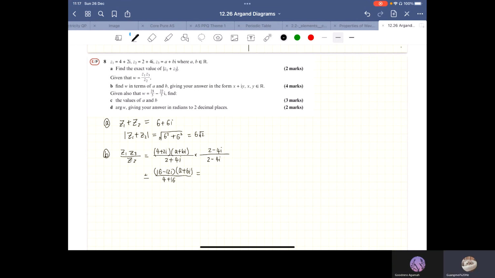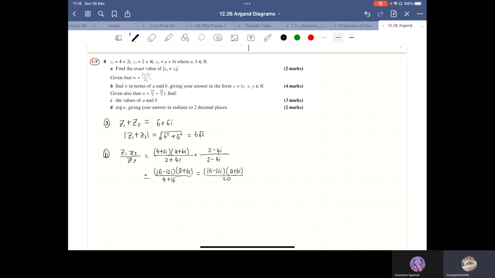We need to continue to simplify. So we will get 16 minus 12i times a plus bi over 20. Can this be simplified further? I don't think so. Look at the numerator and the denominator.